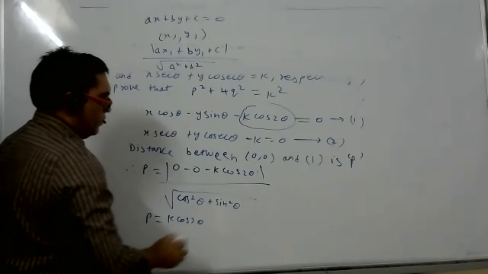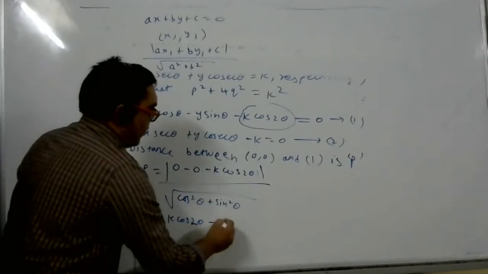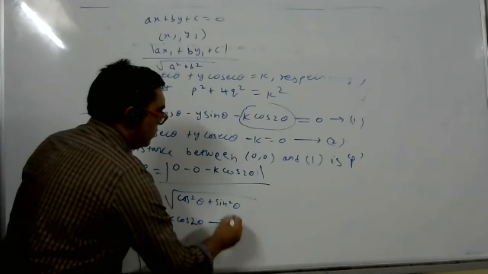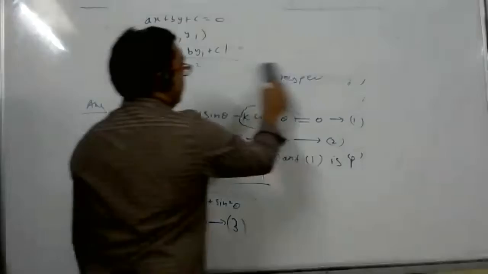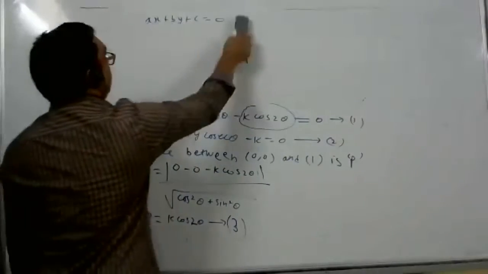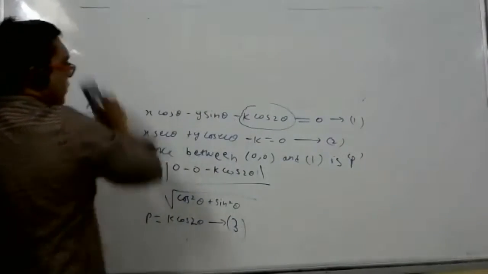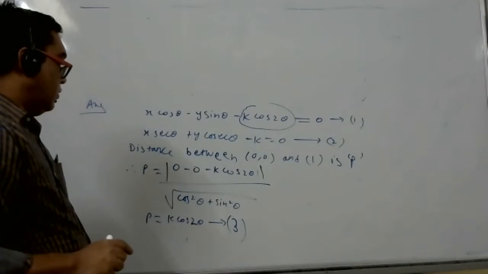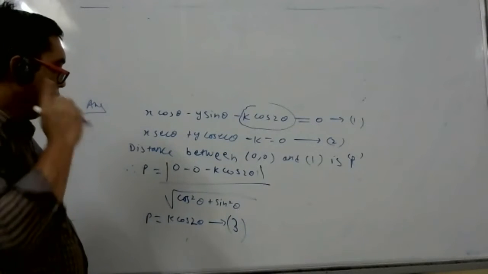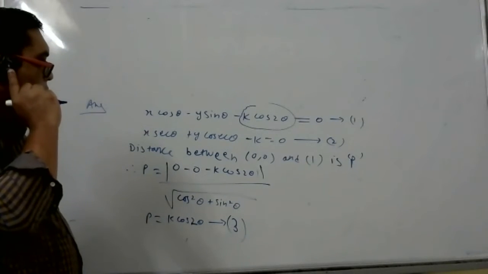Am I correct or not? Yes, sir. But sir, I have a doubt. Tell. Sir, mod should be distributed over K and cos 2 theta, because cos 2 theta can be negative also, right?